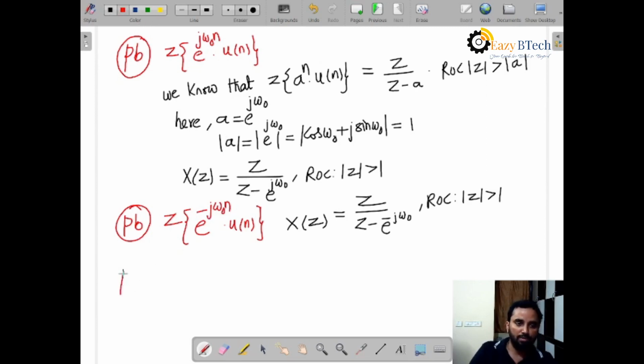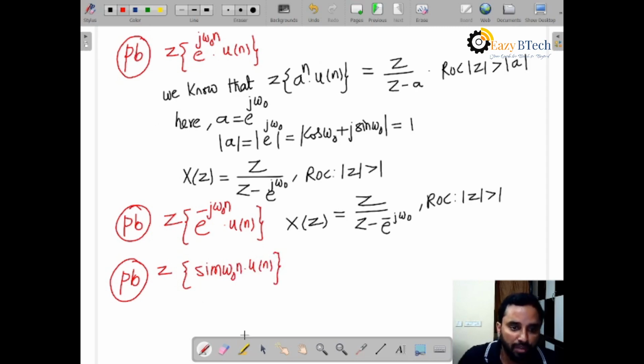So now the next problem is Z-transform of sine omega naught n u of n. So how to perform this Z-transform of sine omega naught n u of n? Sine function we can write in exponentials.